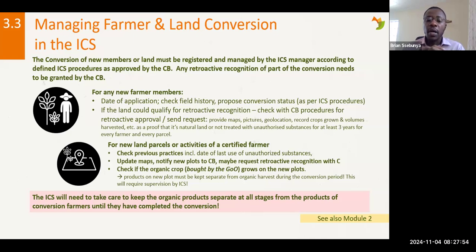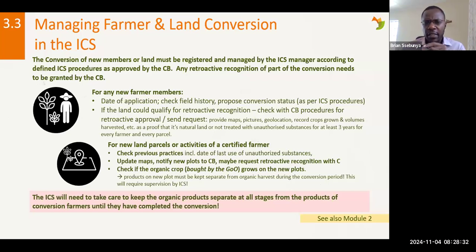And as we discussed even last week, it is the decision of the ICS manager whether they go through the full conversion, which most of you do, I think we had one example, or if they want some retroactive recognition, meaning they want a shorter conversion period than the one stipulated by the standard. Then, as the ICS manager, you have to collect all the required documentation and submit it to the certification body to reduce that conversion period.